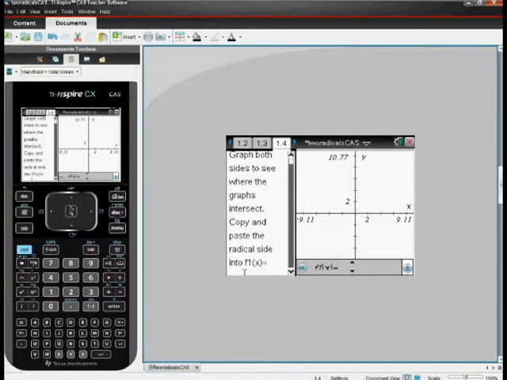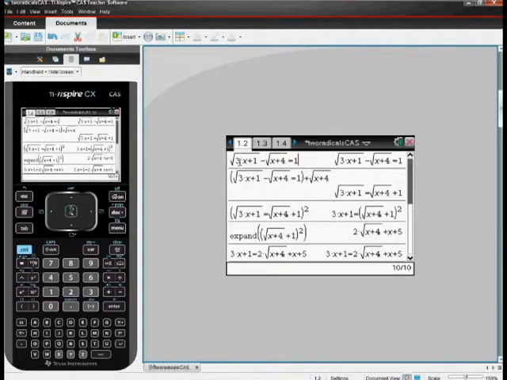Well, what you're going to copy and paste into here is you're going to go back here to the 1.2 page, and you're going to take the left side of the equation, which is this one right here, because you want to work with this equation because I have a radical root on both sides.